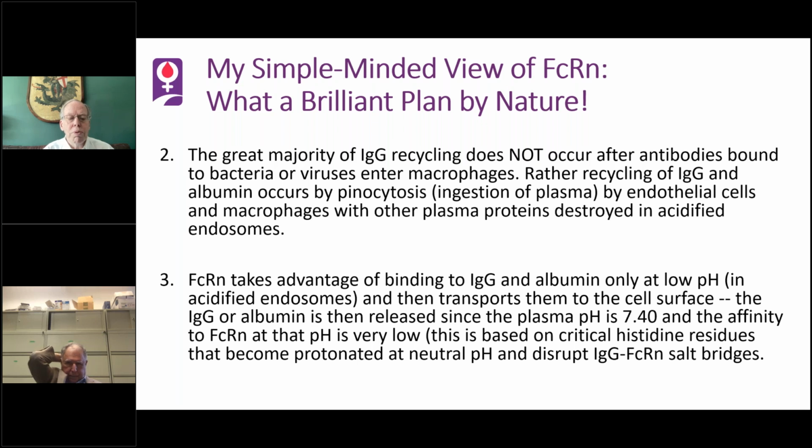There, with neutral pH, the affinity of IgG and albumin to FcRn is very low. And this has to do with critical histidine residues that become protonated at neutral pH at the cell surface, and this protonation disrupts the salt bridges that hold the IgG to the FcRn.